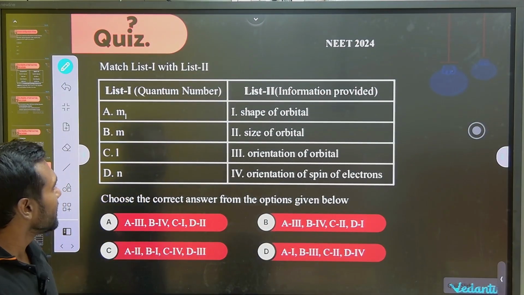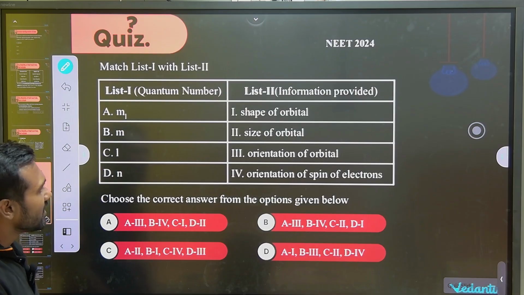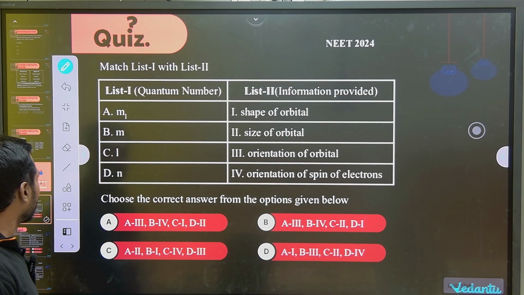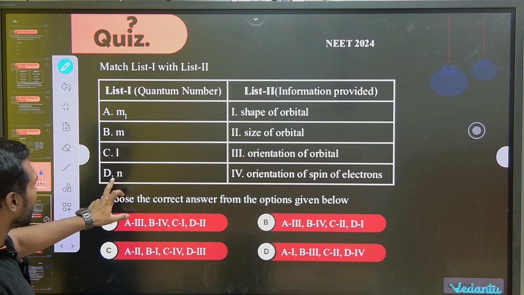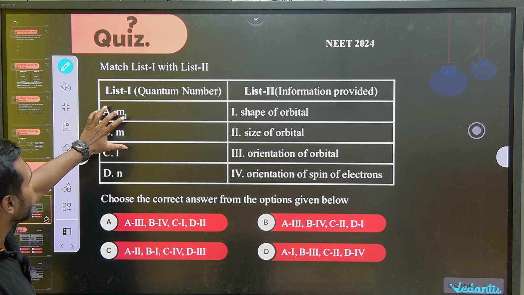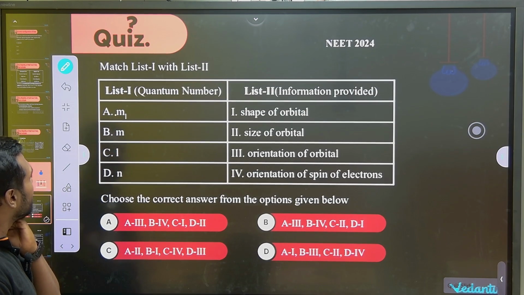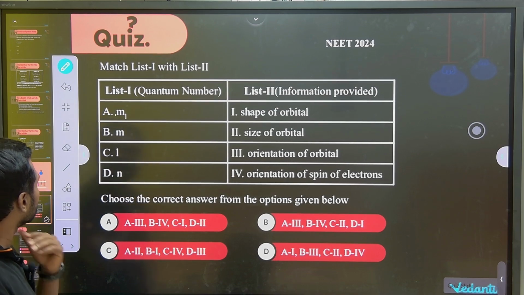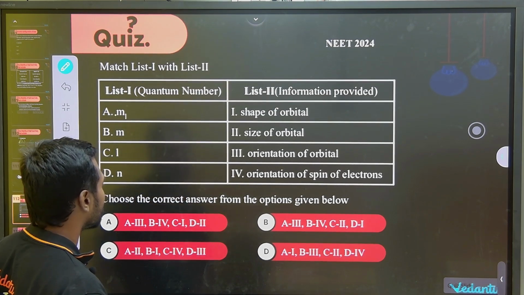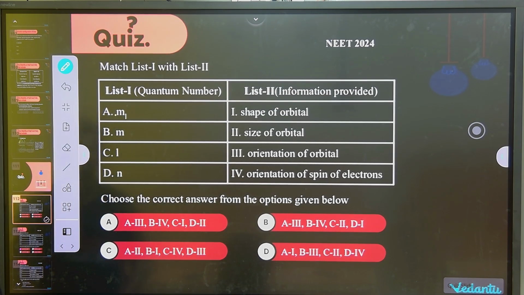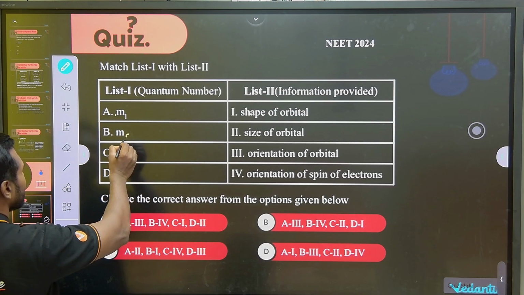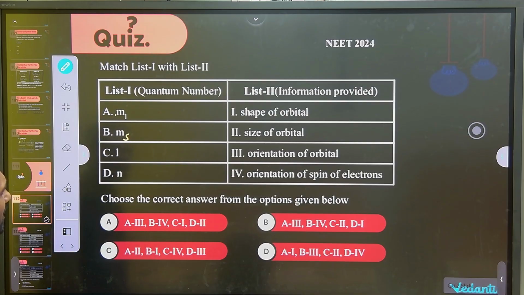Just now we said n is explaining the size of the orbit. Then l explains the shape of the orbital, m, the magnetic quantum number, is the orientation of the orbital, and ms, the spin quantum number, is the orientation of spin.